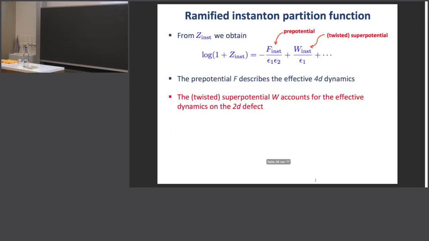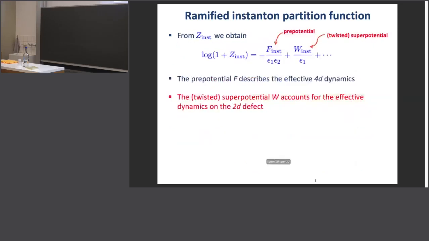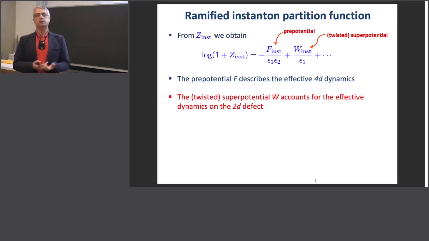Once you have the instanton partition function, by computing its log, you obtain information at low energy on the theory. In the limit in which the epsilon parameters go to 0, in this case you get the usual 1 over epsilon1 epsilon2 term, whose coefficient describes for you the prepotential, which encodes the low energy effective dynamics of the theory in 4 dimensions.